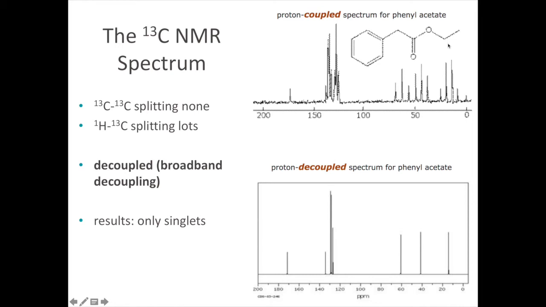Remember the n+1 rule, you would get a triplet, which is why you get this triplet here. Now, if you decouple it, these 3 peaks will collapse back into the one original peak, which is what you get down here. There you go. That's the difference between the proton coupled and the proton decoupled.